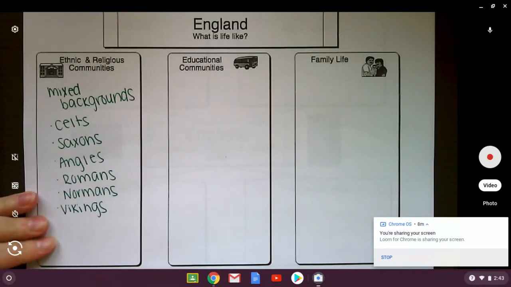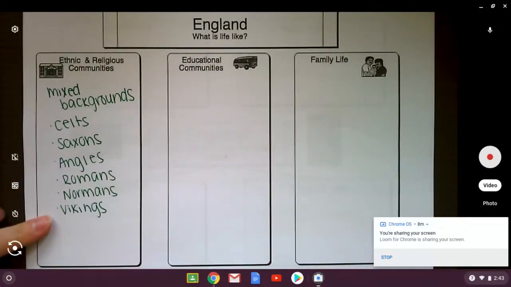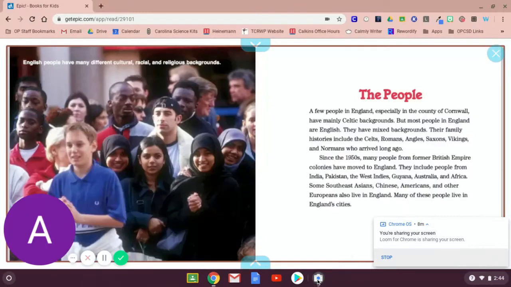If you need to pause the video to catch up, go ahead and do that. Otherwise, I'm going to go back to Epic and see if I missed anything. All right, so the Celts, the Romans, the Angles, Saxons, Vikings, and Normans who arrived long ago, and many people from former British Empire colonies who moved to England, and that includes people from India, Pakistan, the West Indies.